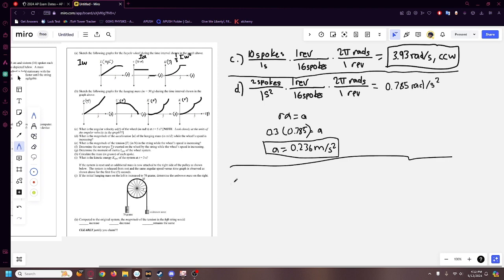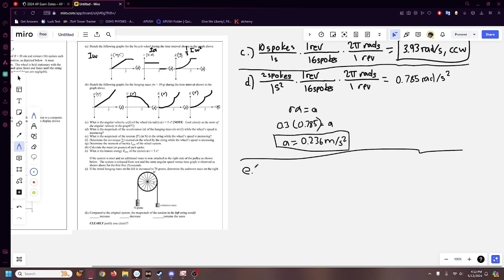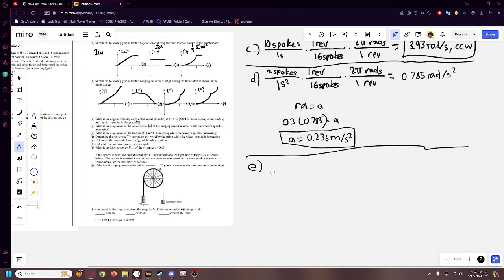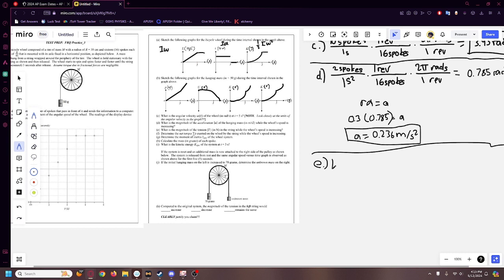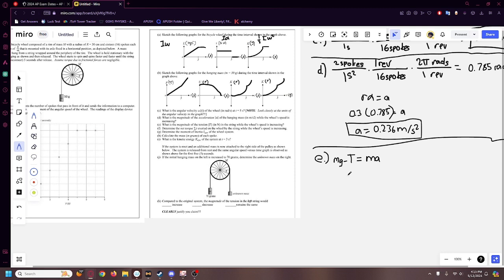Part E is asking for the tension. So on the block, mg minus T is equal to ma. So T is equal to mg minus ma.